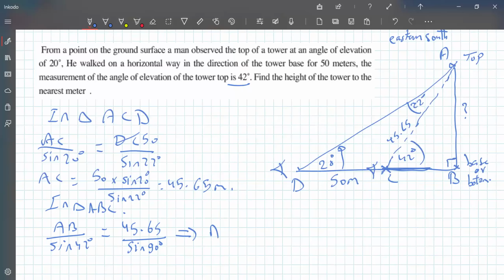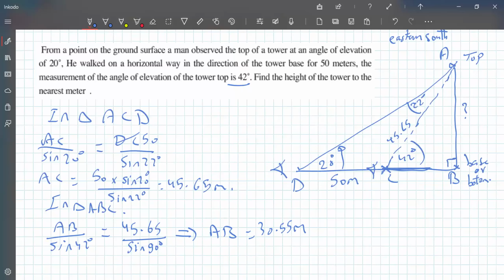So AB equals, calculated, we find that the answer times sine 42 is 30.54 or 30.55 meters.